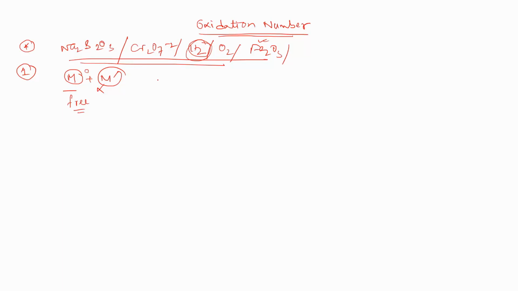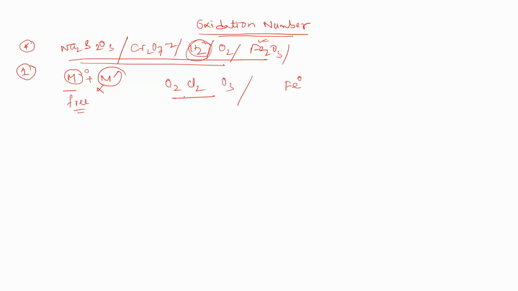Like O2, Cl2, O3. Suppose this is Fe, iron metal. Iron metal is free, it is not combined with another element, so the oxidation state will be 0. But suppose oxygen, O2.